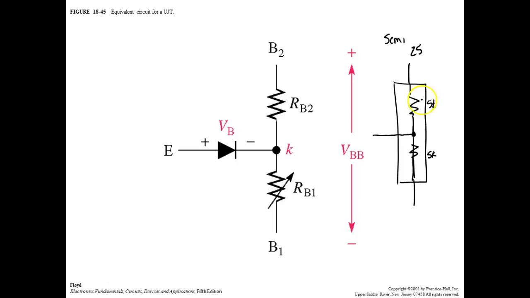So what would my voltage be right here? Two resistors, they're the same. They've got to drop the same voltage. Kirchhoff's voltage law says the sum of the voltage drops across the resistors has to equal the applied voltage. So what would be the voltage there relative to this lead right here? They're both 5Ks, they're the same value, they're in series, and the current in them is the same.